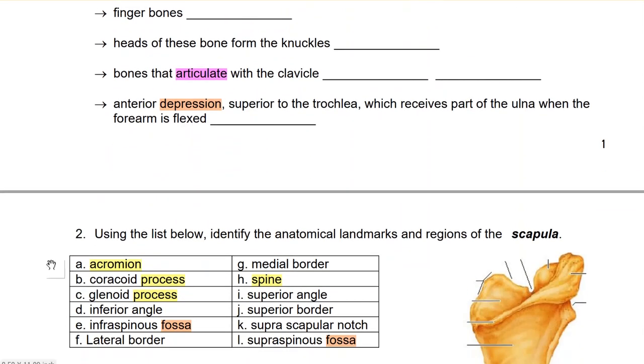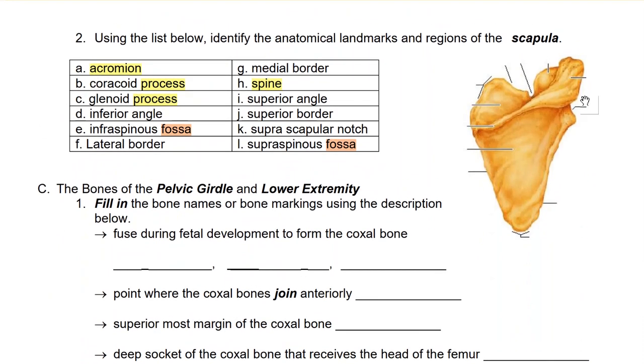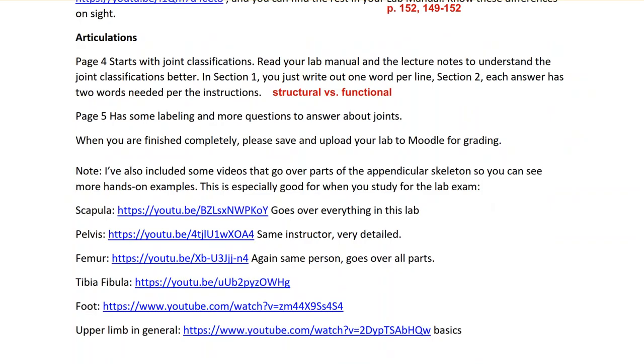Depressions, articulations, and again, so we're going on. Here's your scapula bone. The video does a great job of this, so let's go take a look at that. Down at the bottom of your online lab instructions, there are some videos. Here is a great scapula video that'll walk you through every piece of the architecture.